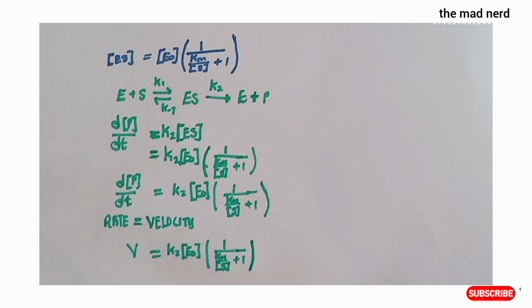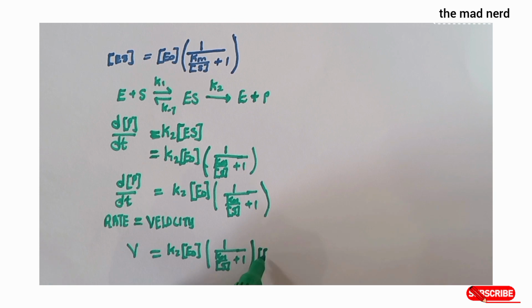Now we can see that we have two division signs over here. So we do some mathematics to remove this and make things easier for us by multiplying by the concentration of S.